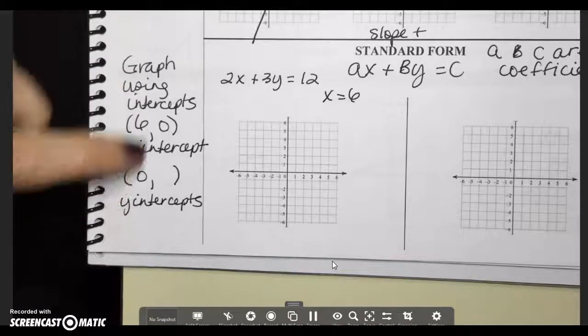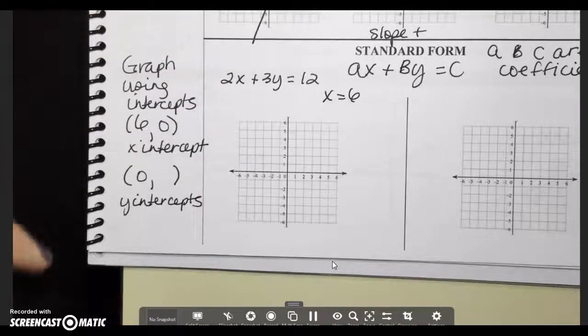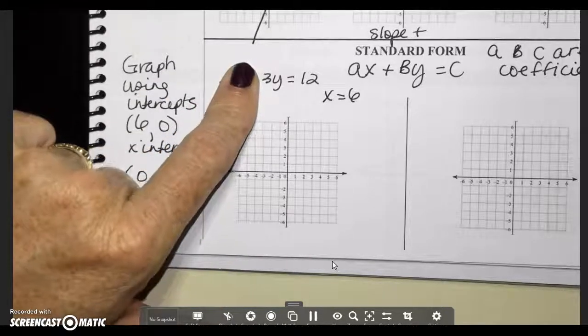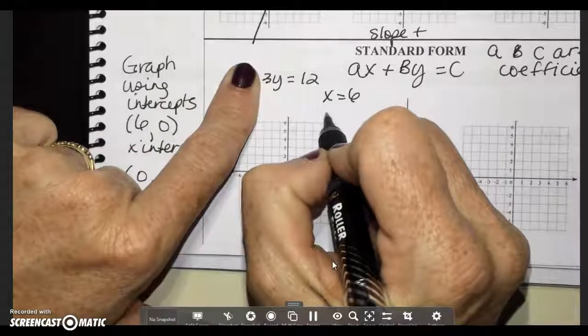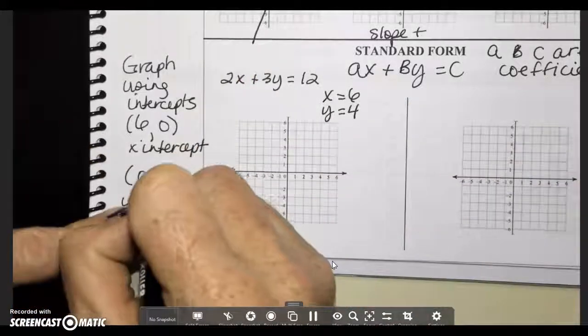If I were to plug a 0 in for the x-coordinate, what's 0 times 2? 0. So cover it up. That's now gone. 3 times what gives you 12? So my y-intercept is 4.